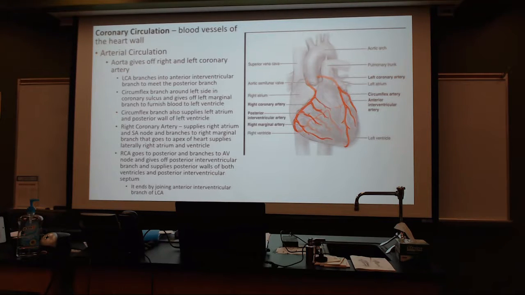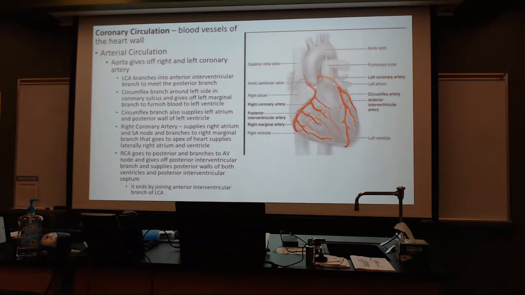Okay, does everybody remember that? And then one of the things about the return of the coronary circulation: we have a huge area on the posterior side. You guys remember the coronary return, this huge great cardiac vein, okay, for the return to the heart.